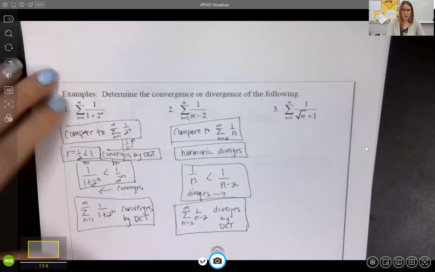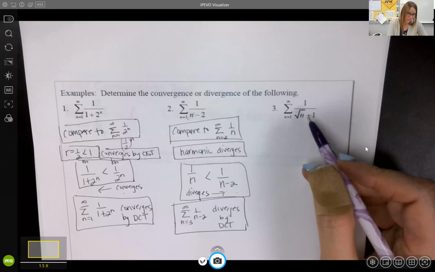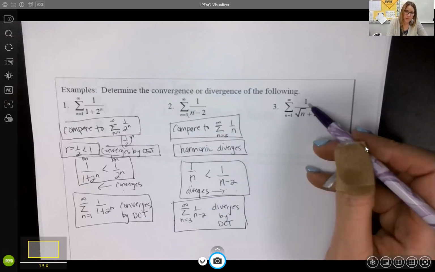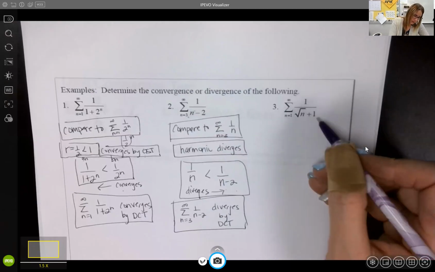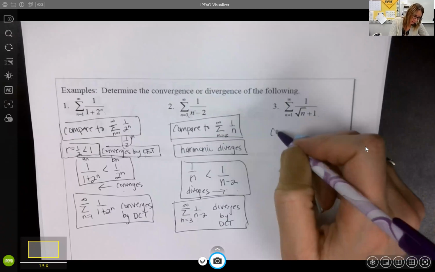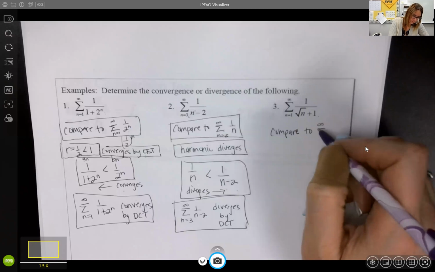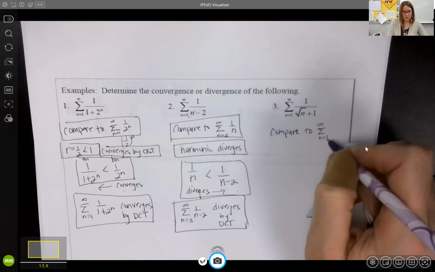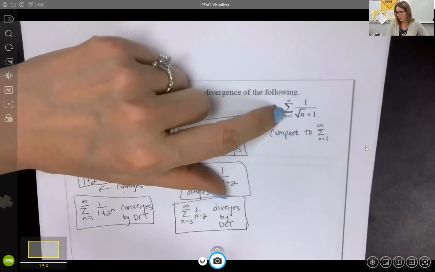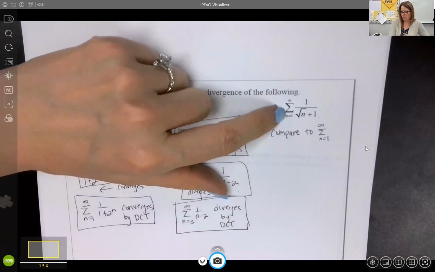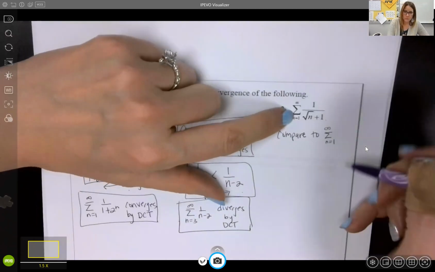Okay, and this one, number 3. We've got 1 over the square root of n plus 1. What should we compare this one to? What would be something that's less complicated than this? What you're thinking of.